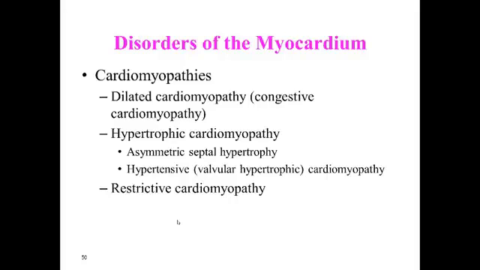You get hypertrophic obstructive cardiomyopathy, which is an asymmetrical septal hypertrophic cardiomyopathy, or subaortic stenosis, or a hypertensive or valvular hypertrophic cardiomyopathy. And these two categories are very different in their etiology, pathophysiology, and clinical presentation.